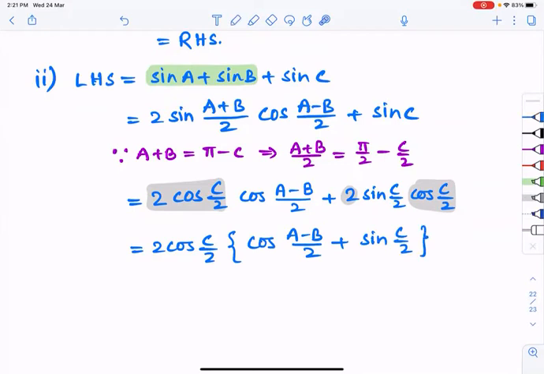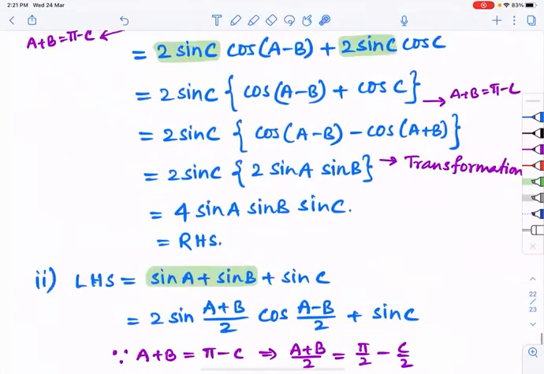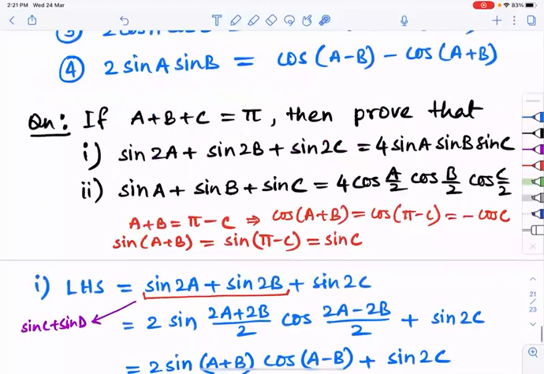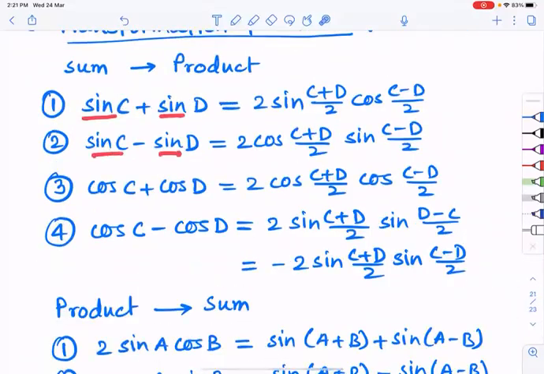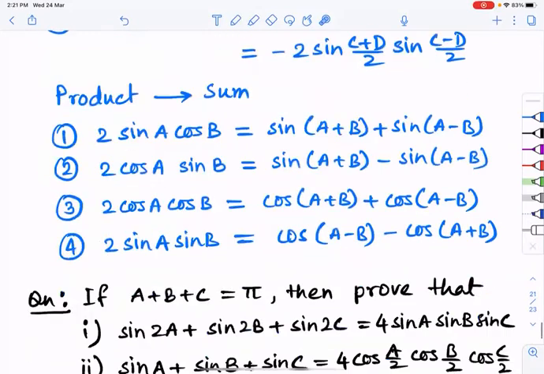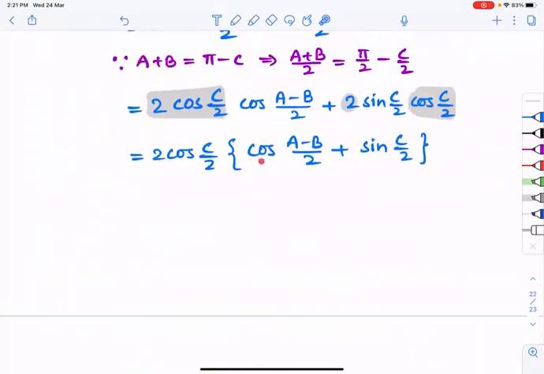Again, it is a sum, so I can try to use some sum to product transformation formula, but we have a cos and a sine. There is no such formula. The formulas are either both sine or both cos. Okay. So what you have to do? You have to convert this cos to sine so that both are sine, or we can convert this sine to cos.